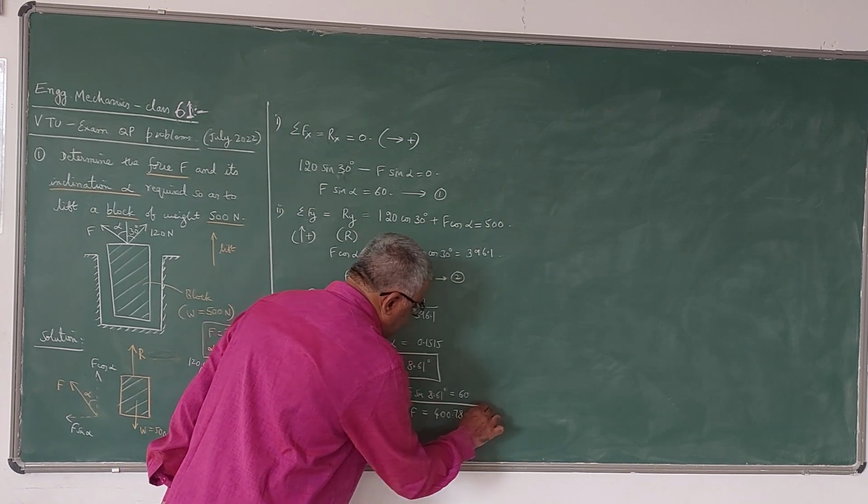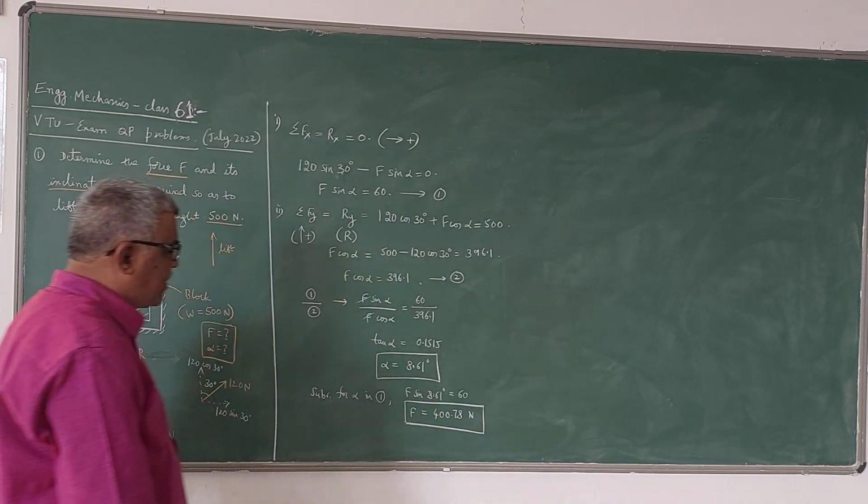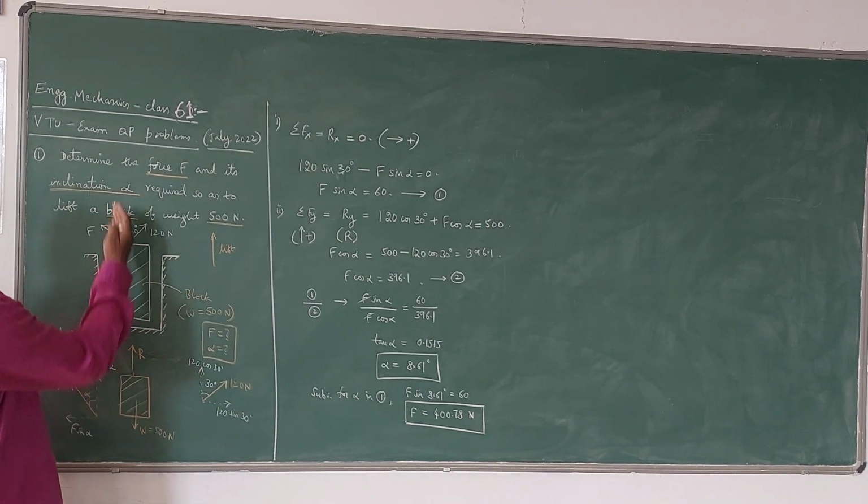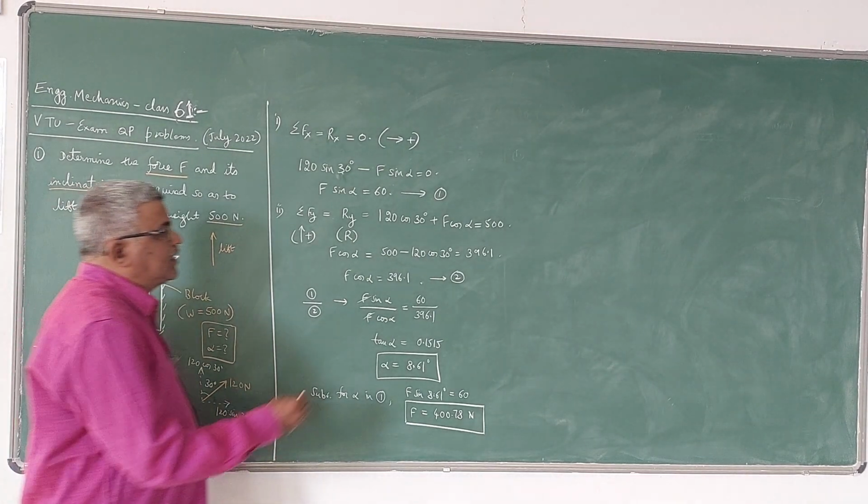So this is the force with which the block has to be pulled in this direction so that the block is lifted in the vertical direction.